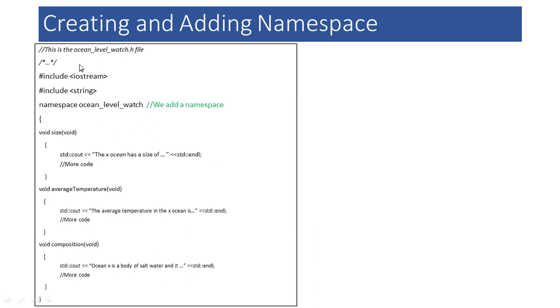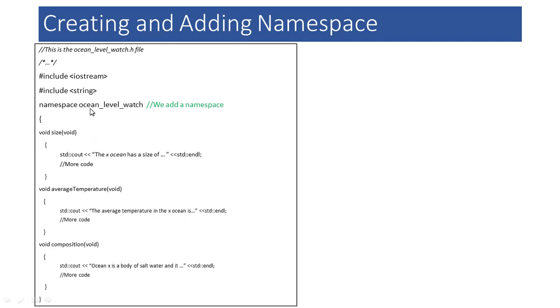This is the ocean_level_watch file. In the previous slide, we did not actually add a namespace ocean_level_watch. Now we add that namespace to it. So with this namespace added to it now, we can easily use this namespace file in our application by referencing it.